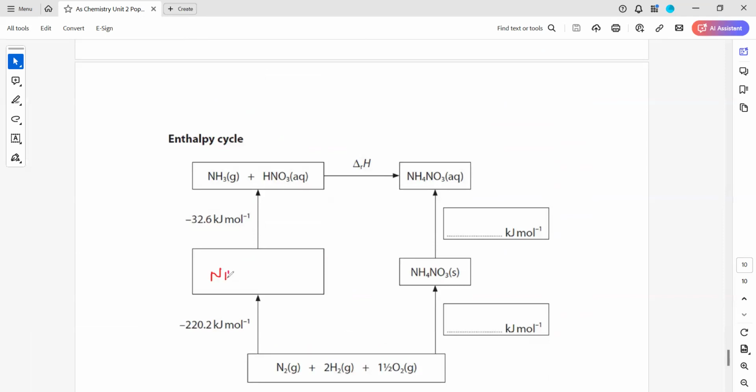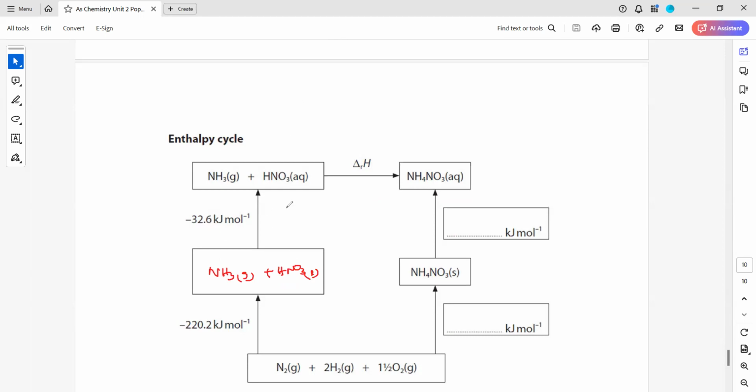So here we'll have ammonia and nitric acid. Ammonia will be gas and nitric acid will be liquid, NH3 and HNO3. How do we identify this?